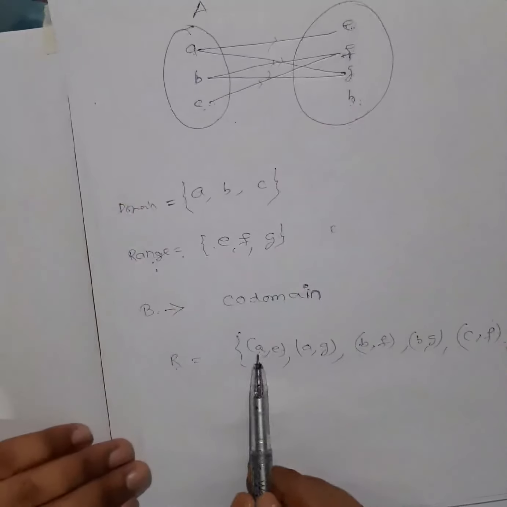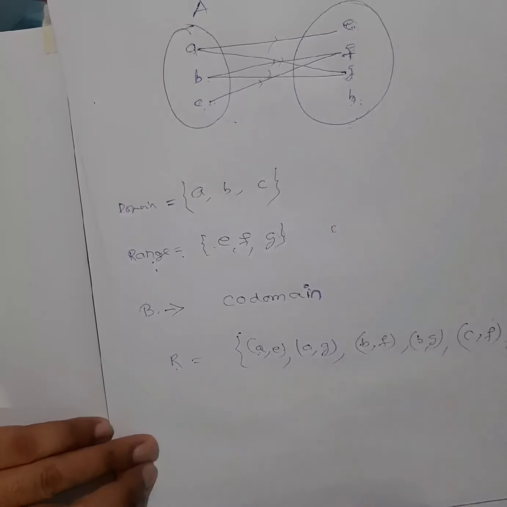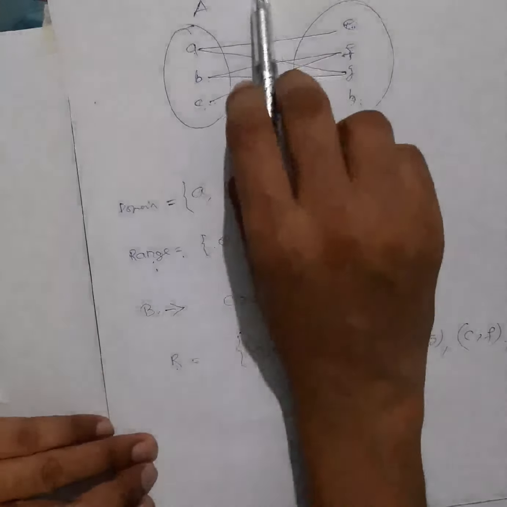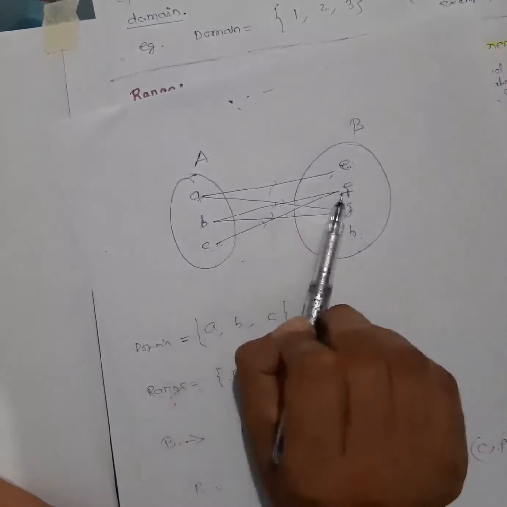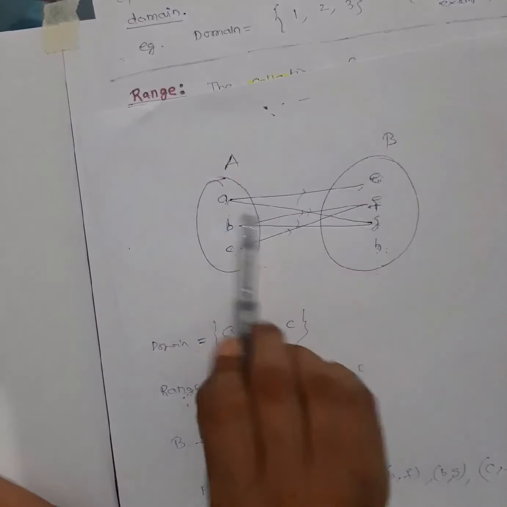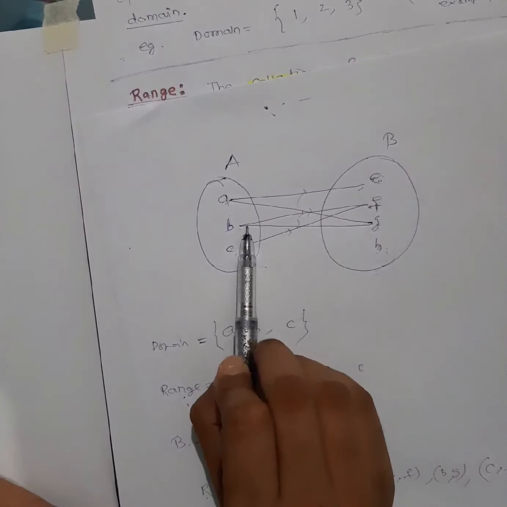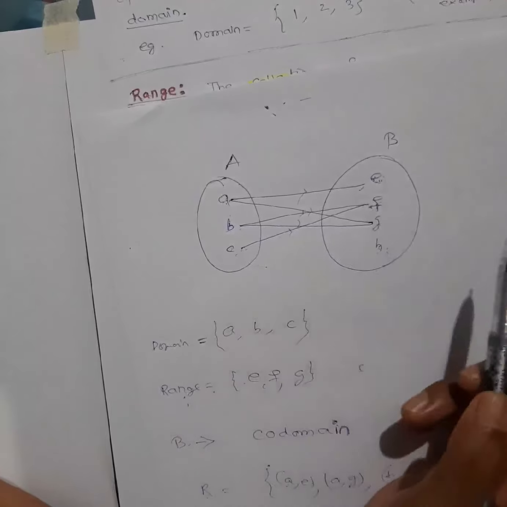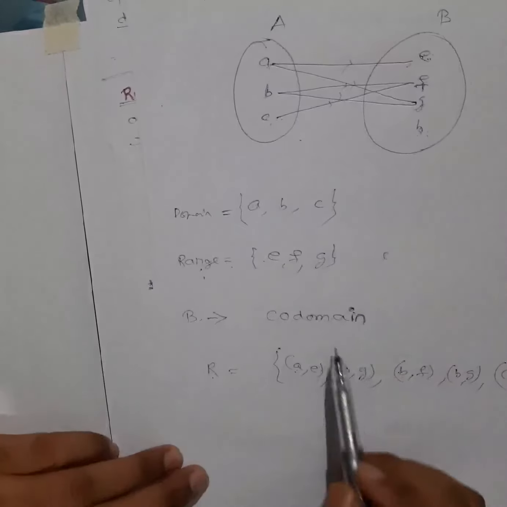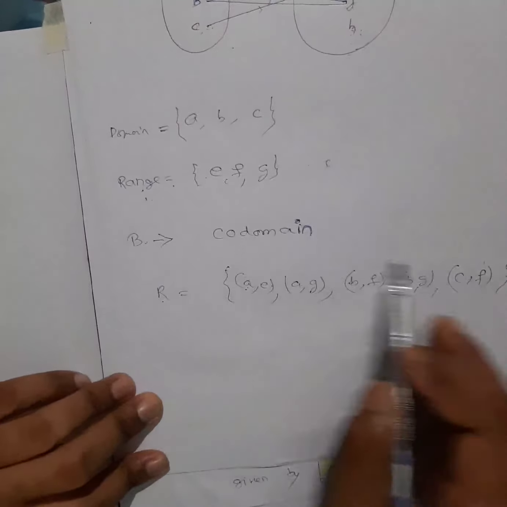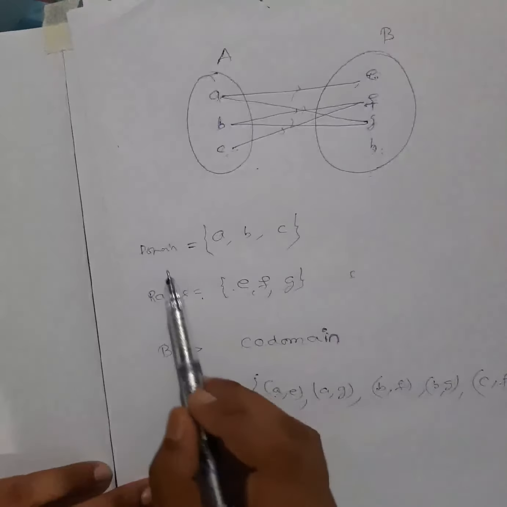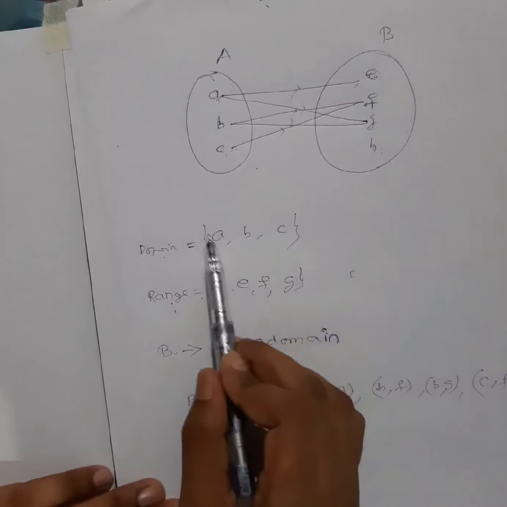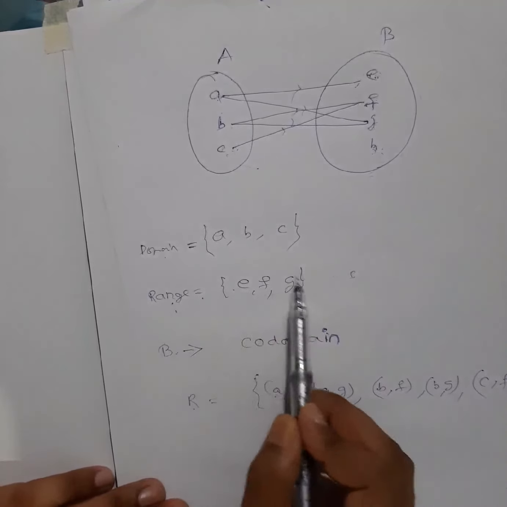So you can see these are the elements which are related to each other. What the relation is, I have not defined. Whatever relation there is between AE, BF, BG and CF, once it is defined, the relation set will be given like this, and its arrow diagram like this. Then this is the domain, and this will be your range.